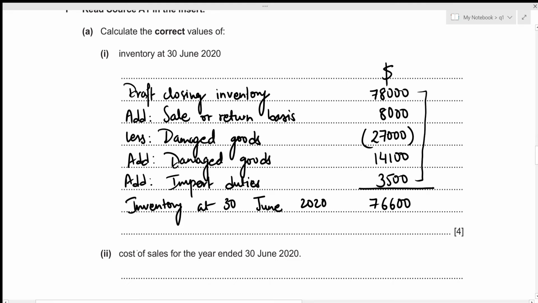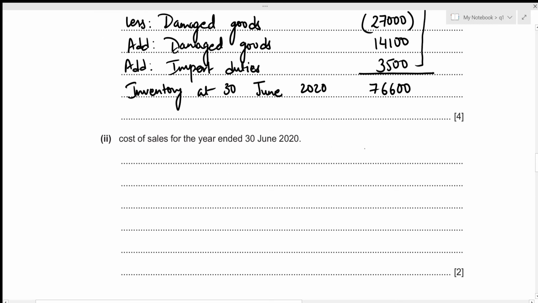Now for the second part, we need to figure out the cost of sales for the year ended 30 June 2020. Okay, we can again prepare our statement. So we definitely start with the opening inventory. Then we add all of our purchases. Then we add our carriage inwards, which in this question is termed as import duties.